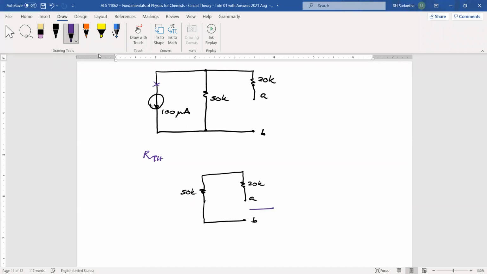Then we have to look from this side to find RTH. Then this RTH is 20K plus 50K, that is 70K. Next thing we have to find the VTH.